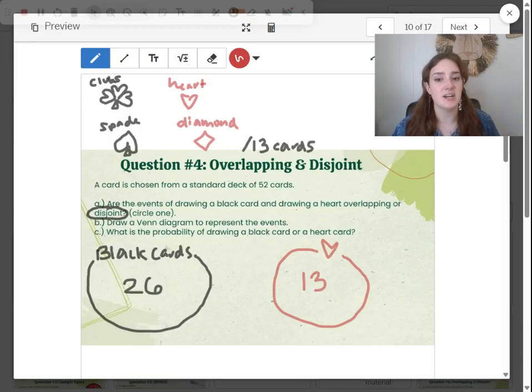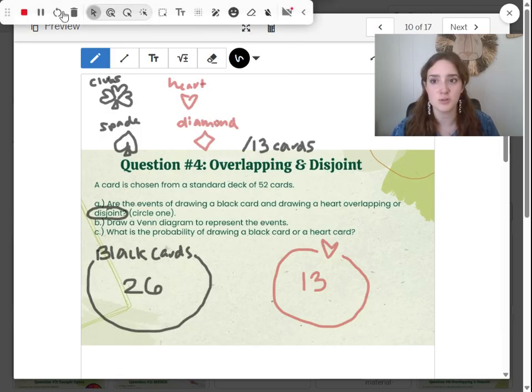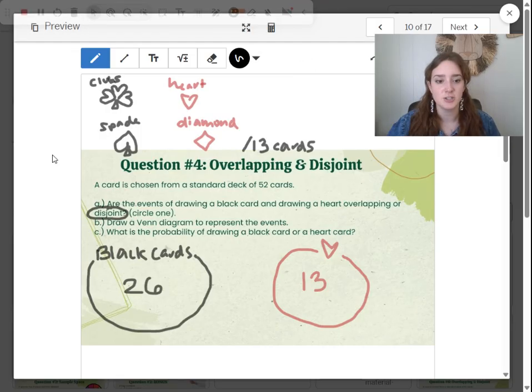So now we need to find the probability of drawing a black card or a heart card. So we're going to need to reference our notes, and give me a moment, I'll get those pulled up. For you, you can check your Engagely notes to find this formula for the probability of compound events for disjoint.